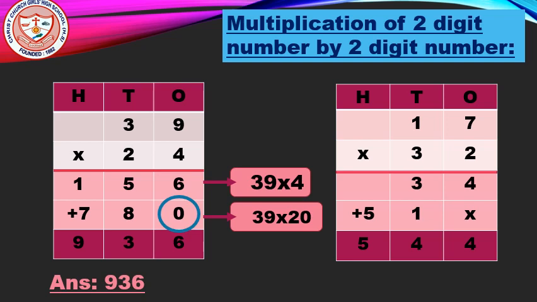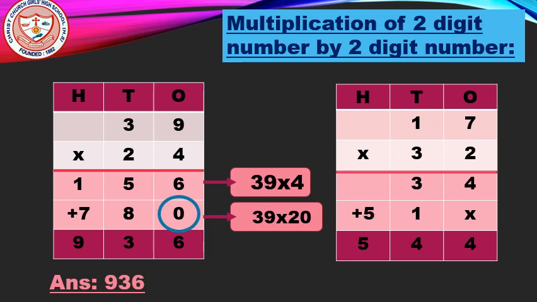And when we are going to start the second step's calculation, that is 17 into 3, first of all we are going to put a cross in ones place. Okay, and then we will calculate 3 into 7. 3 into 7 means 3 7s are 21.